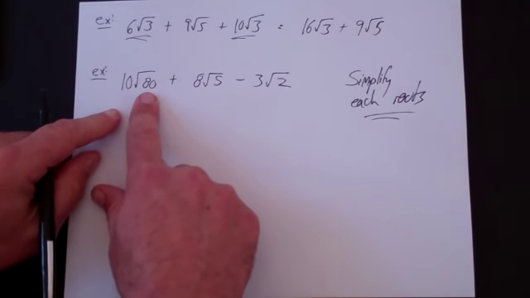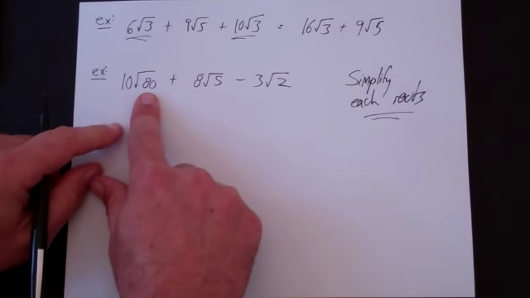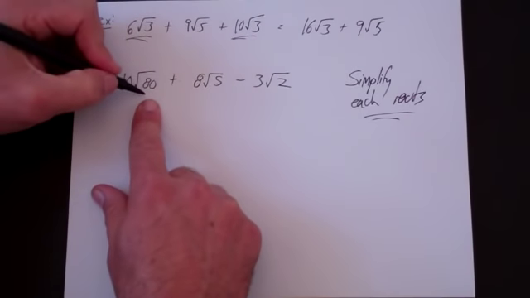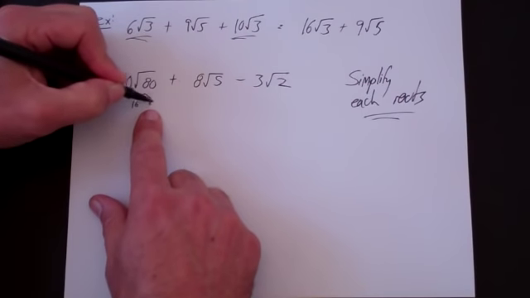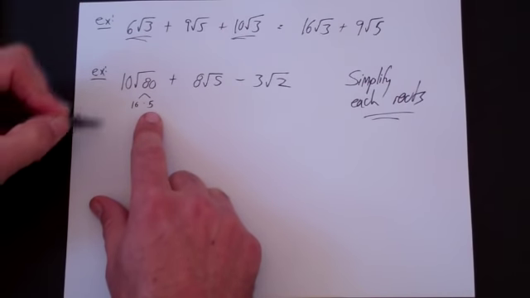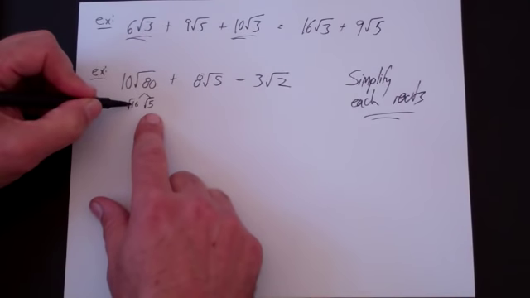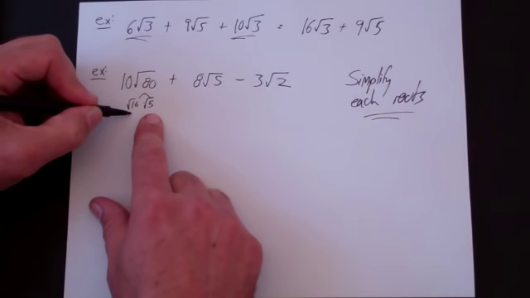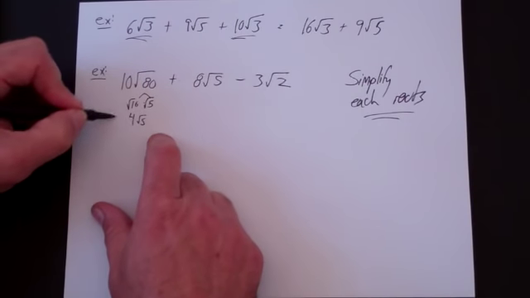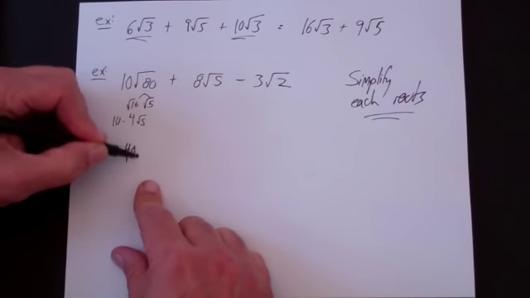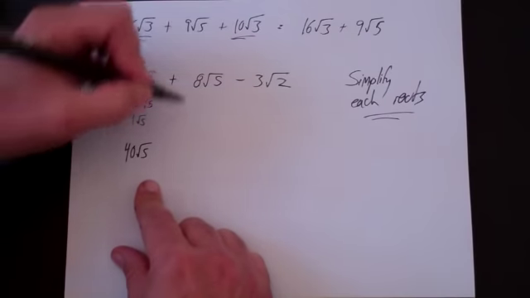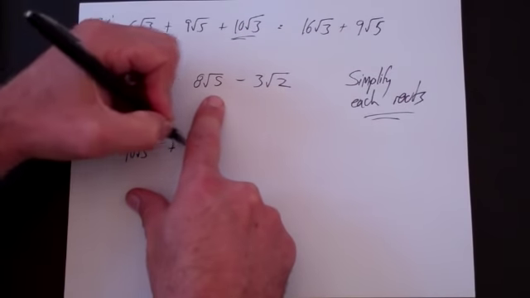So let's simplify square root of 80. We find two numbers that multiply to 80, one of which is a perfect square. I think that's 16 and 5. That's right. So that's square root of 16, square root of 5. So that square root of 16 is 4. So that's 4 root 5. So it's 10 times 4 root 5. So that's 40 root 5. 8 root 5 is already simplified, right?